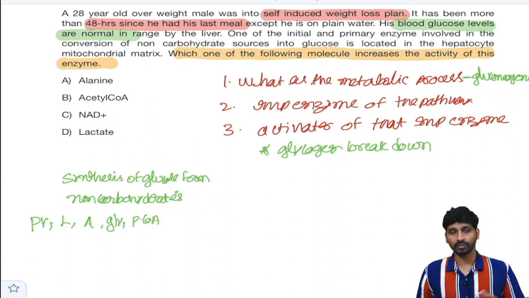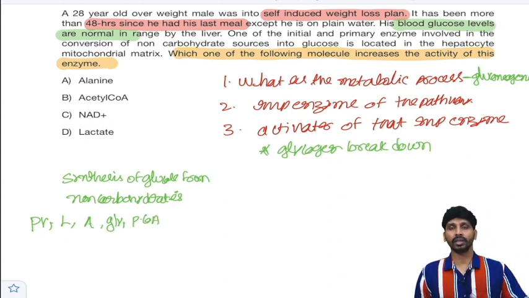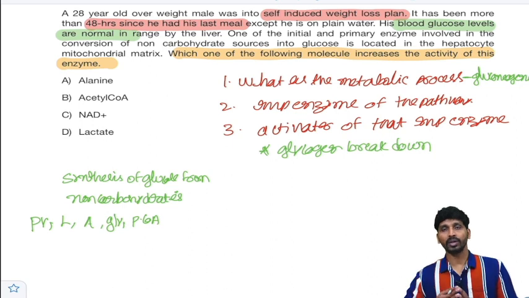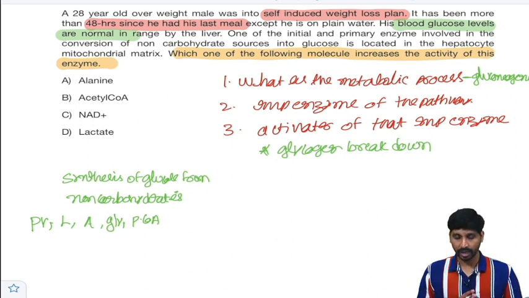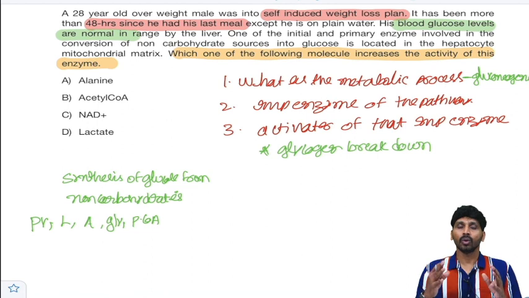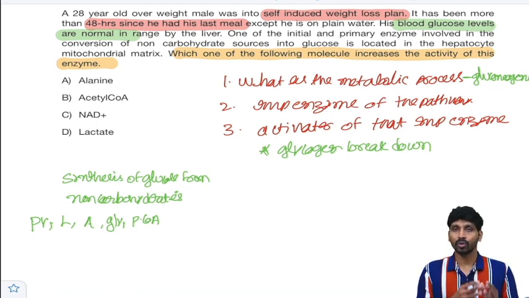So what are the sources of these? Pyruvate comes from glycolysis, glucose will be converted to pyruvate, that is the end product. And lactate: in anaerobic conditions pyruvate will be converted to lactate, and lactate can convert back to pyruvate by lactate dehydrogenase. Alanine: because we don't have any source of glucose, proteins will break down to amino acids. We have already learned the classification based on metabolic fate: glucogenic, ketogenic and both, right? Here glucogenic amino acids are involved in production of energy.